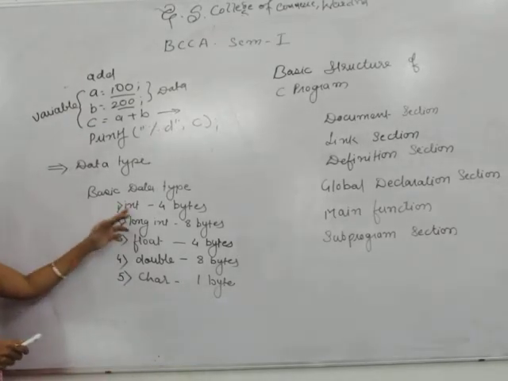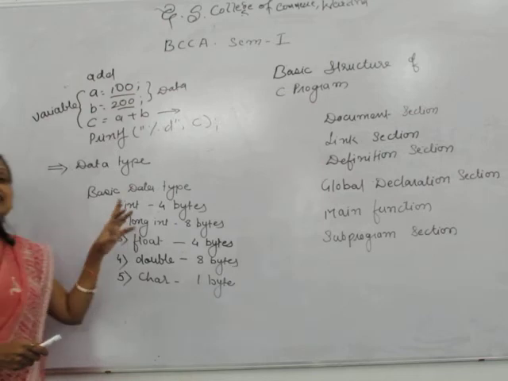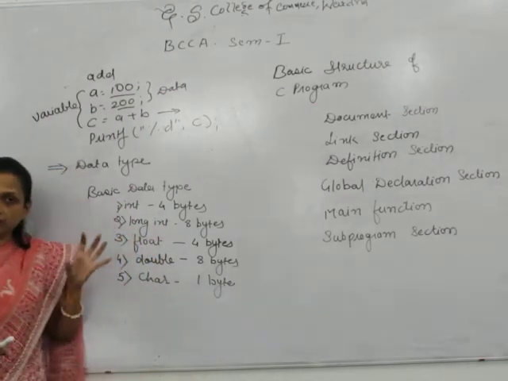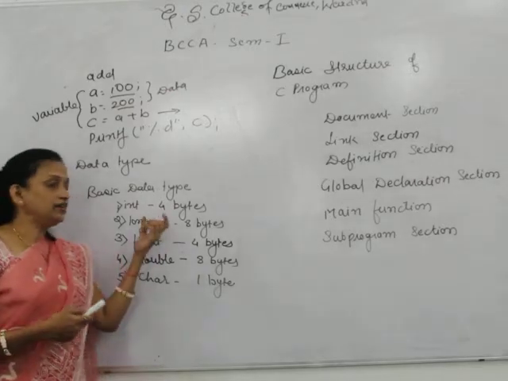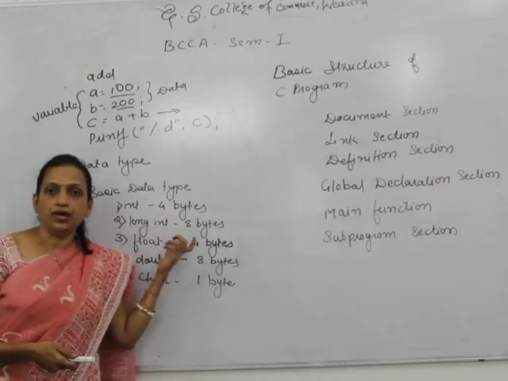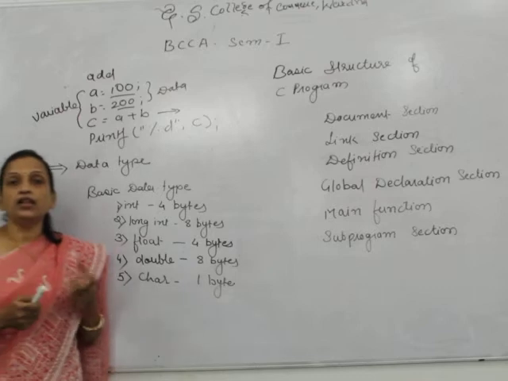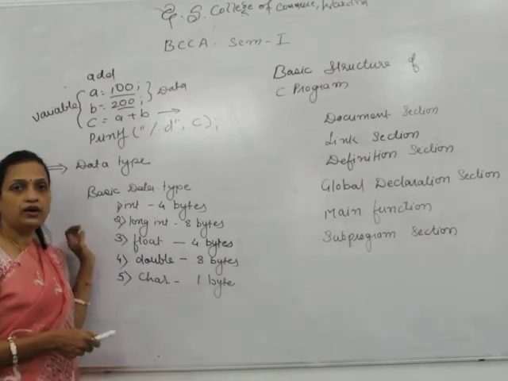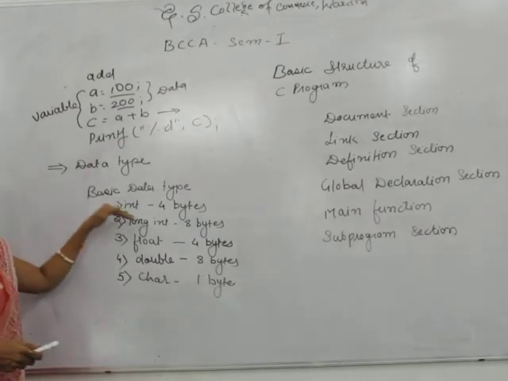Okay, so the first is int. The int type is only the integer type. Okay, so here you can only store integer numbers when you declare the variable as int.